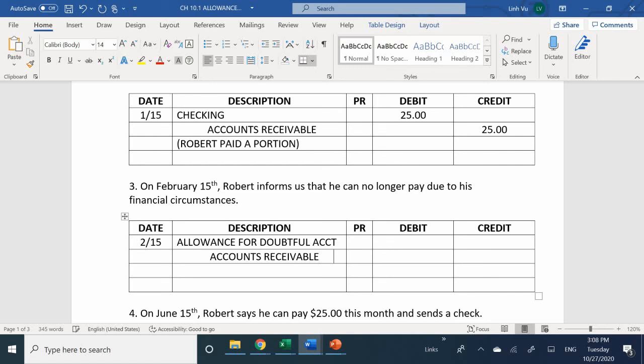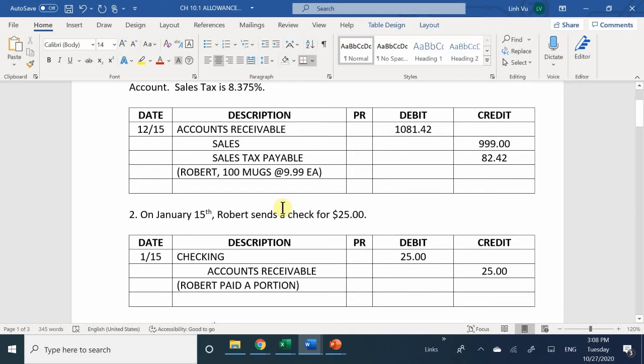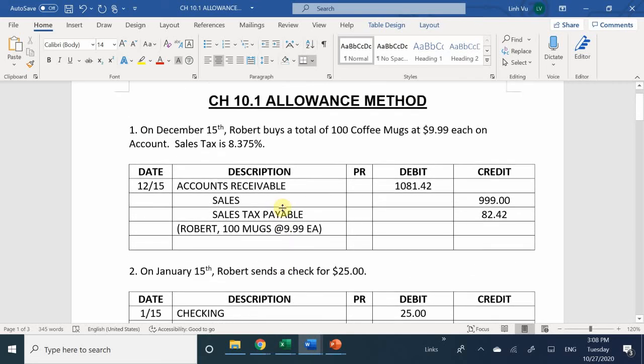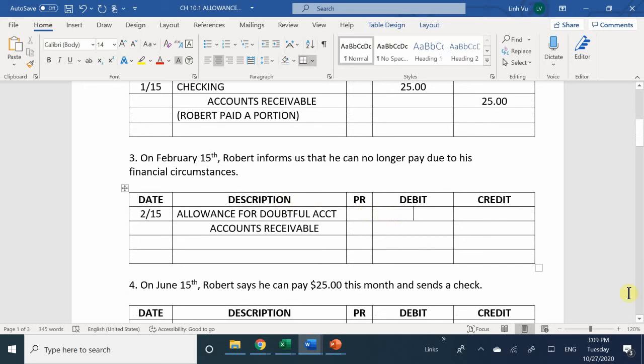So now the balance due is $1,056.42, the original amount minus the $25. So he owes us 1,056.42. And that is in both the credit and the debit column.